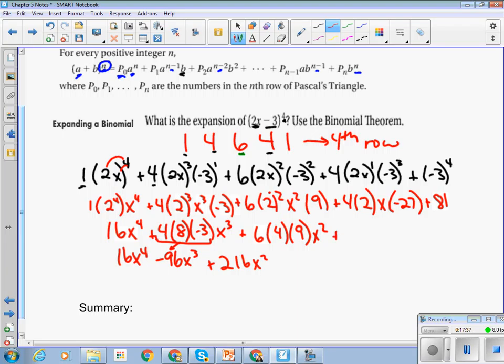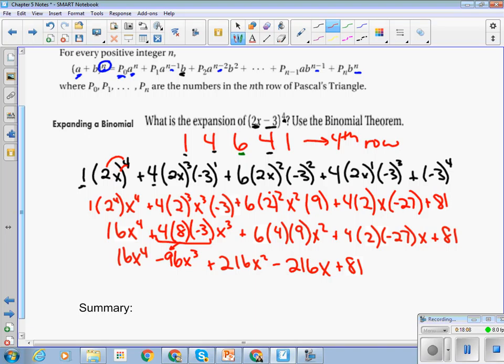Okay, and then 4 times 2 times negative 27, and then I'm putting the x over there. So 4 times 2 is 8. 8 times negative 27 is negative 216. And then thank goodness 81 we already did.